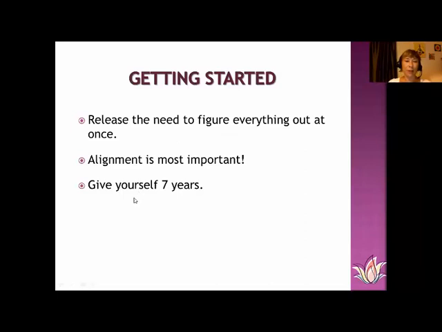In addition to releasing the need to figure everything out at once and just focusing on alignment, keep in mind that you need to give yourself a good 7 years. In traditional human design, we call this the 7-year deconditioning process, because over time, with living life, trying to fit into other people's boxes, trying to contort yourself to get the kinds of success that you feel you need or other people are telling you is important, trying to just sometimes survive, you take on a whole lot of conditioning from how you were trained as a child, how your parents raised you, what your teachers taught you, even who you're around, like your partner, like your family members.